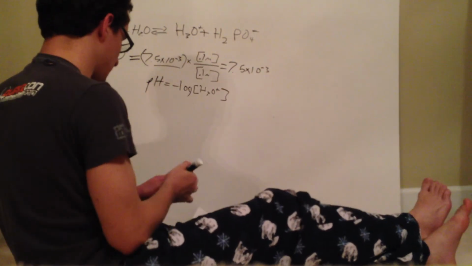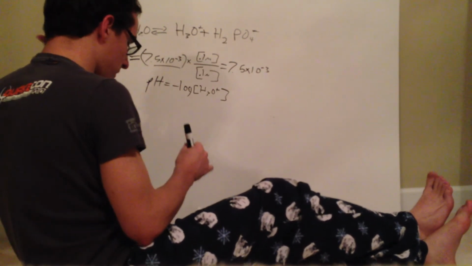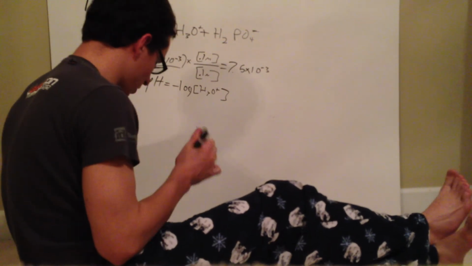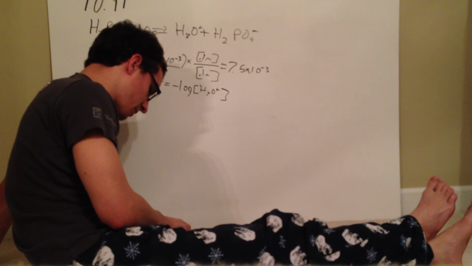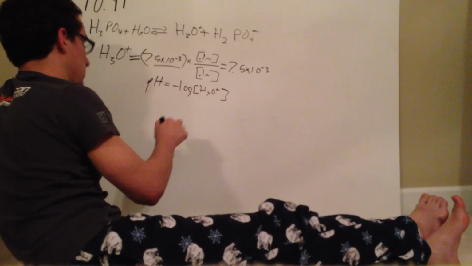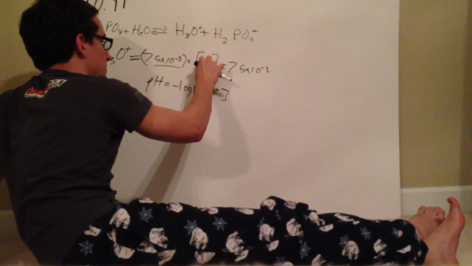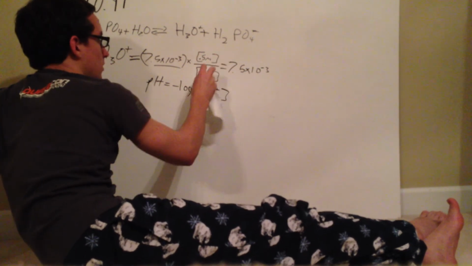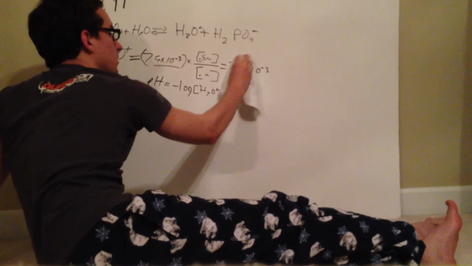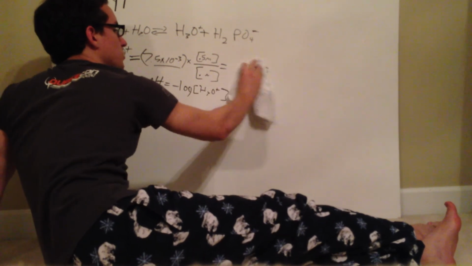So this is part D. It tells us that we have 0.50 moles of H3PO4. And that's what was on top in our original Ka problem. So we're going to have 0.5 on top. And let me check, I think it was 0.20.